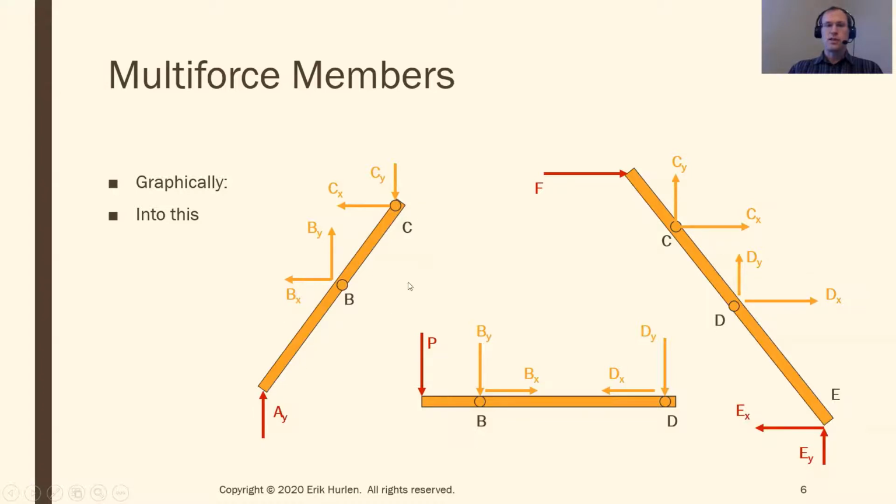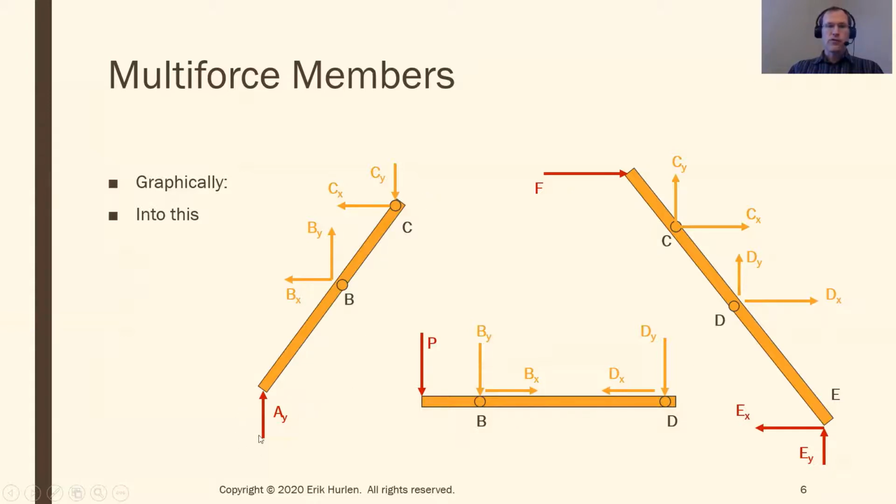So whatever ABC is doing to CDE, equal and opposite, CDE is doing to ABC. And then similarly for all the other ones, D as well, between these 2 members, equal and opposite forces at each pin. So essentially I turned my previous diagram into this, and then this here.